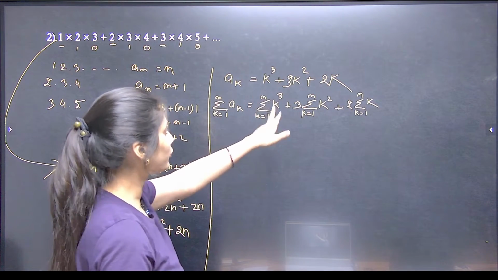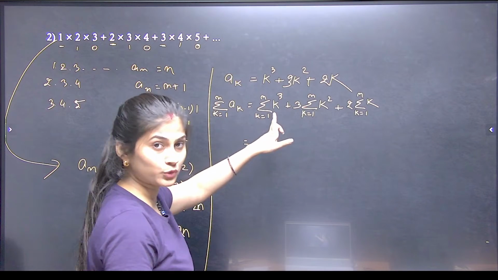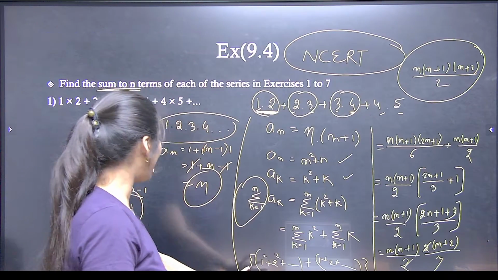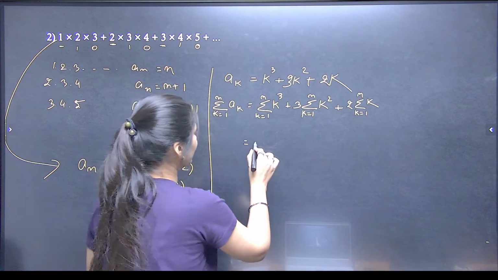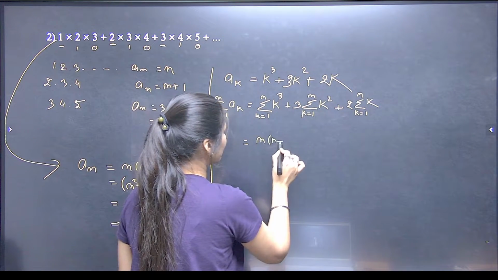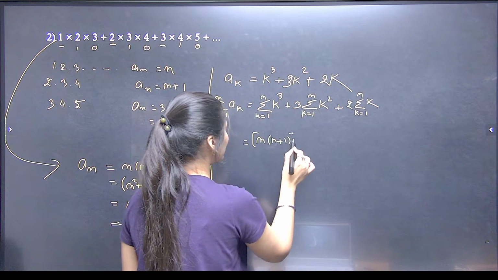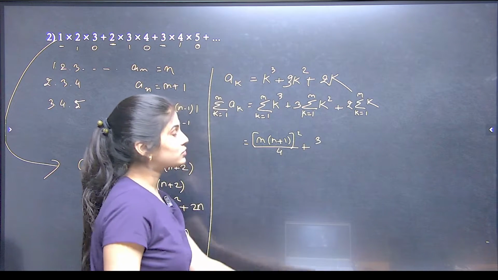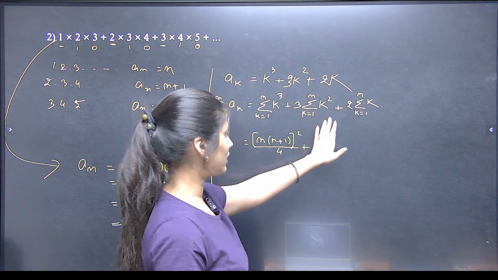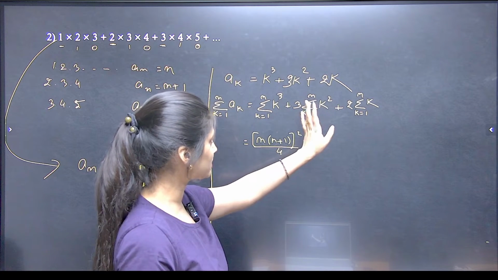So the sum of cubes of natural numbers, 1 cube plus 2 cube plus 3 cube, like that. For that we have n into n plus 1 whole square by 4. So we will write n into n plus 1 whole square by 4, and then we have 3. It is the sum of squares of natural numbers, 1 square plus 2 square plus 3 square.